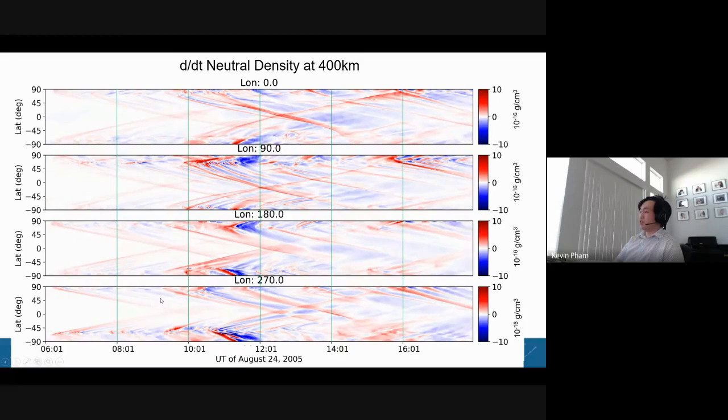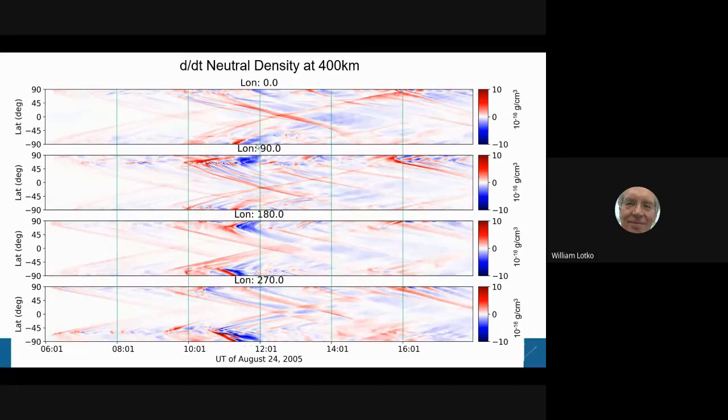Especially if I scale this, instead of an absolute difference, if I did a percent difference between time steps, then the neutral density correlates really well with the change in neutral temperature. Okay, thank you.